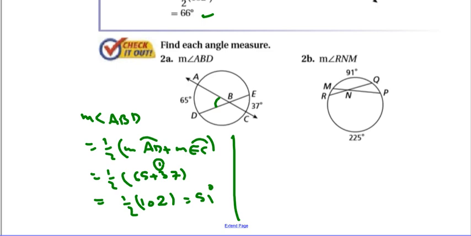This is the answer for the measure of angle ABD.